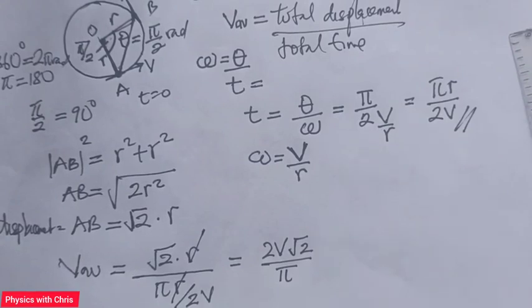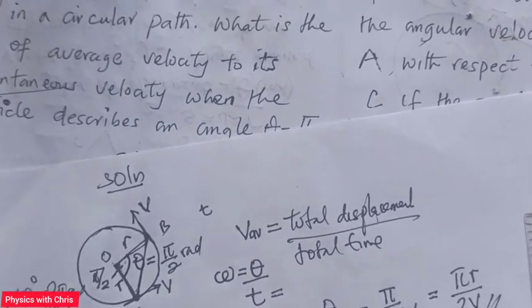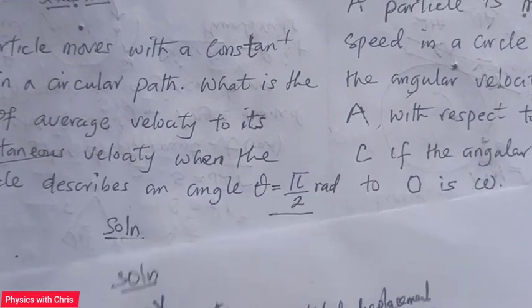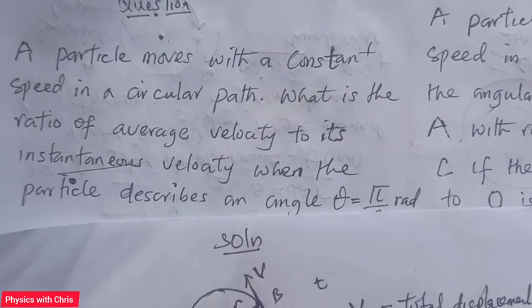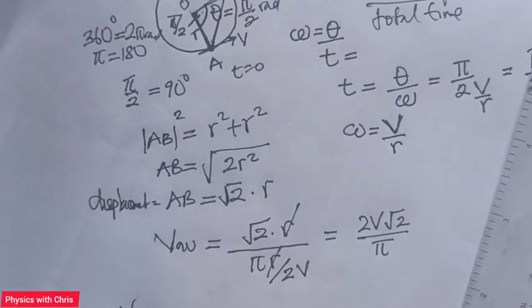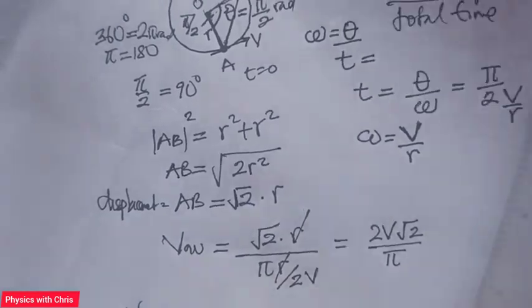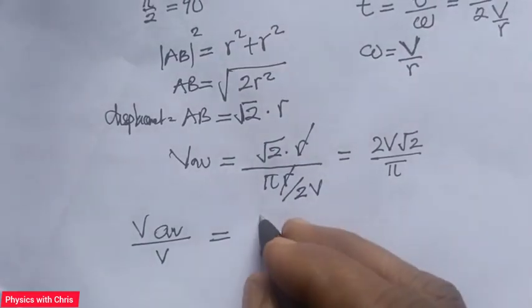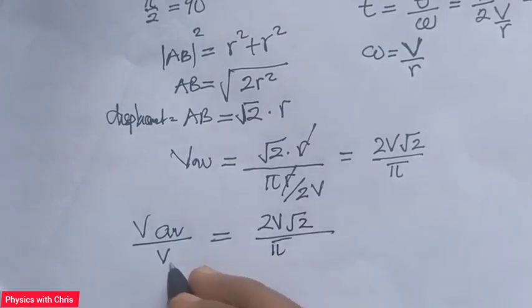But the question asks to find the ratio of the, what is that again? Average velocity to the instantaneous velocity. That's the ratio. So my average velocity, V average over V instantaneous, that is the ratio. Okay, that will be given by 2v root 2 divided by pi times this v.